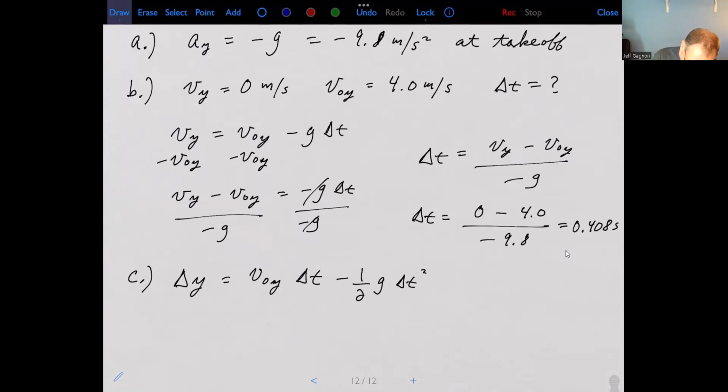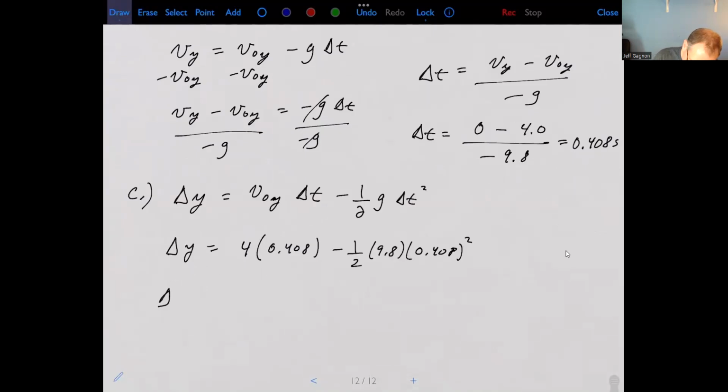So if I plug this in here, this is going to be 4 times 0.408 for the time, minus 1/2 g, where g is 9.8, times 0.408 squared. And if you work that out, delta y is equal to 0.816 meters.